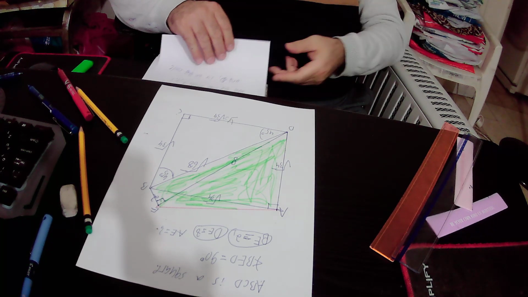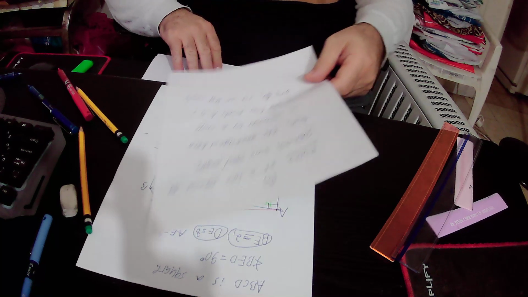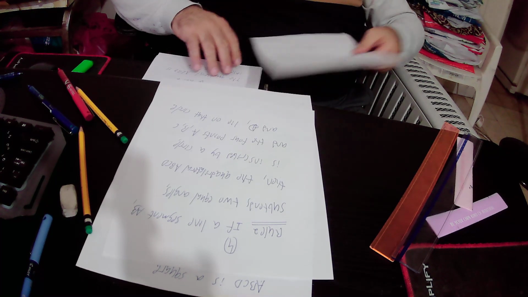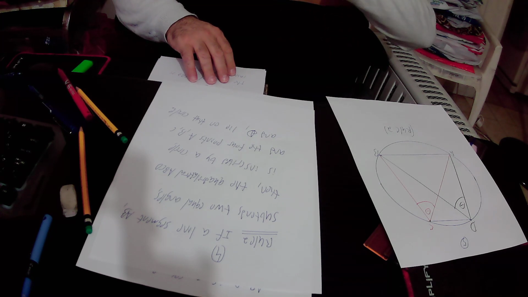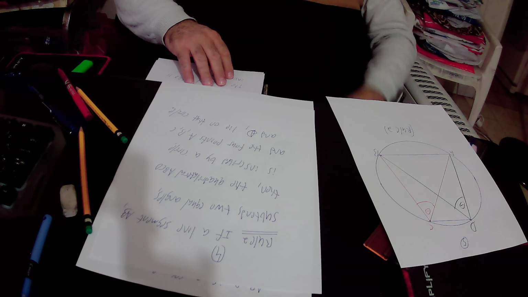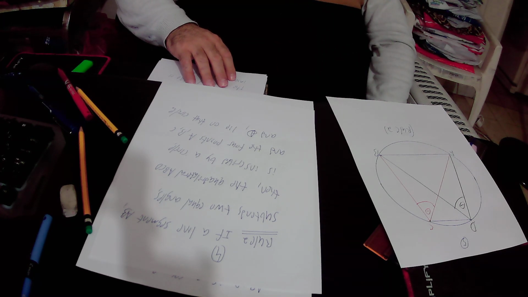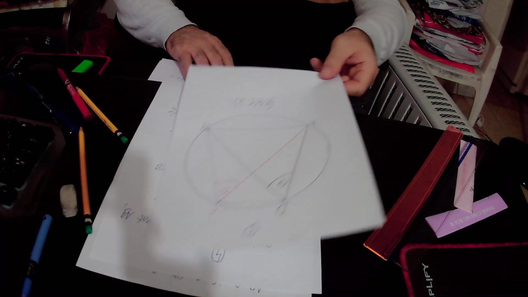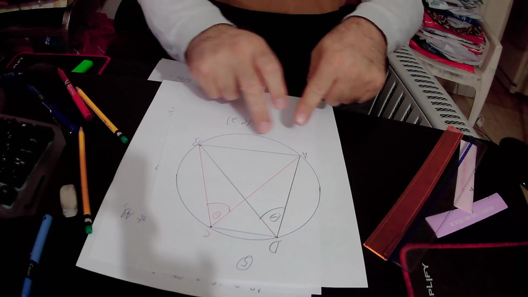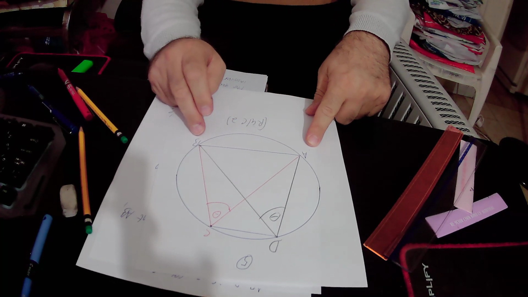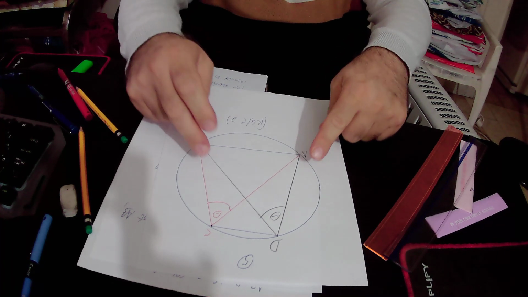And then I presented to you rule number 2. According to rule number 2, suppose that the angle doesn't exist at all and we have only line segment AB, and this line segment subtends two equal angles.